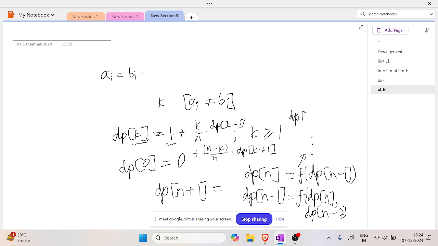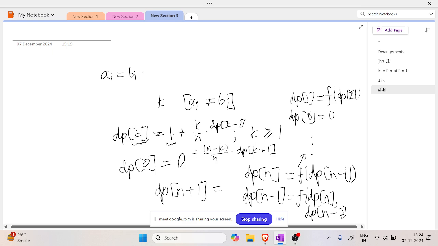Okay, so once again, dp of 0 is equal to 0, and dp of 1 can now be written only in terms of dp of 2.